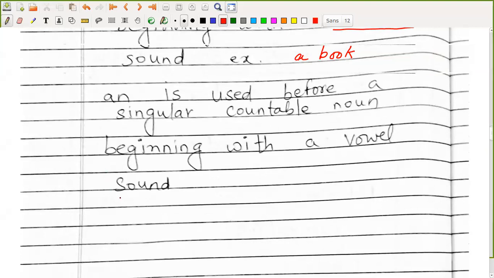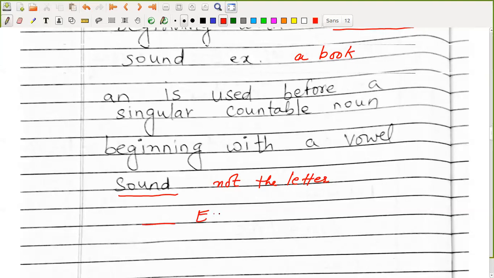Here you have to remember one thing. You have to see the sound, not the letter. So there are many words in which the first letter is a vowel, but you use a before it. Can you give an example? The first letter is a vowel, but you use a. What will you write?